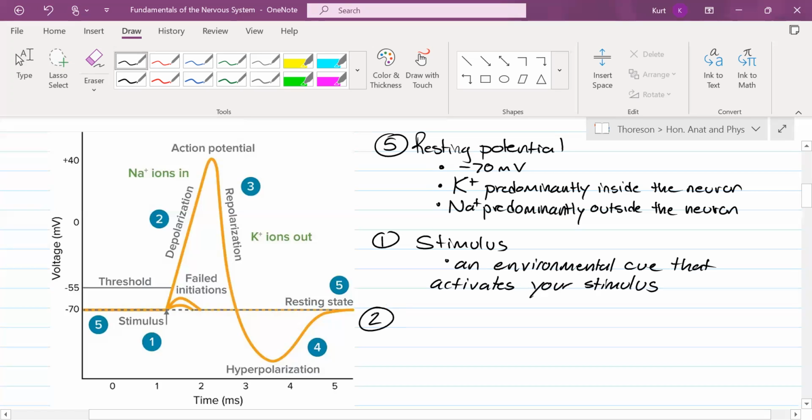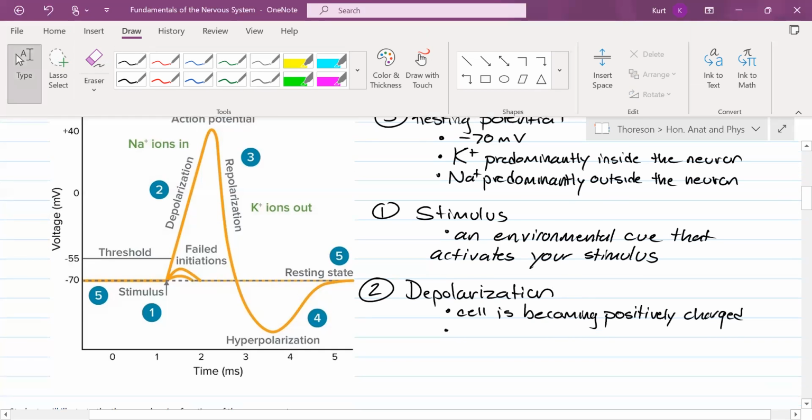Step 2, depolarization. In depolarization, is the cell becoming more positive or more negative? The cell is becoming positively charged. What ions are rushing into it?